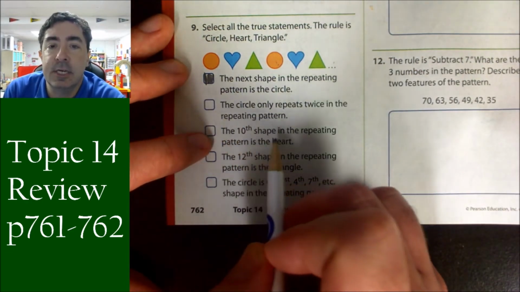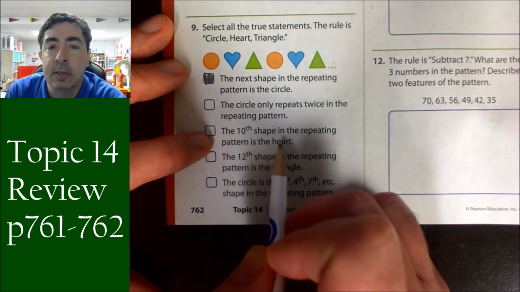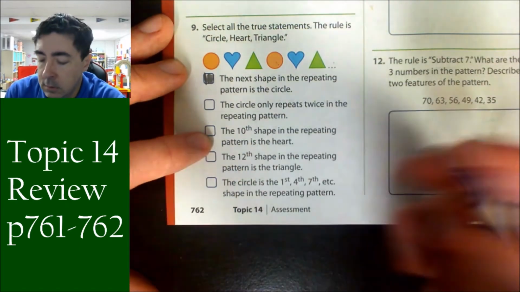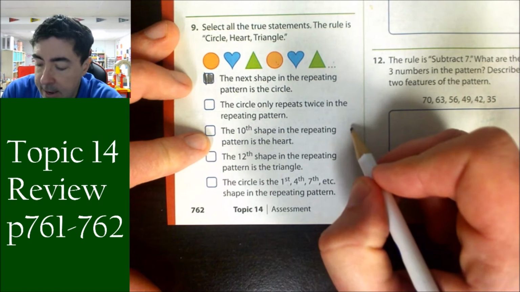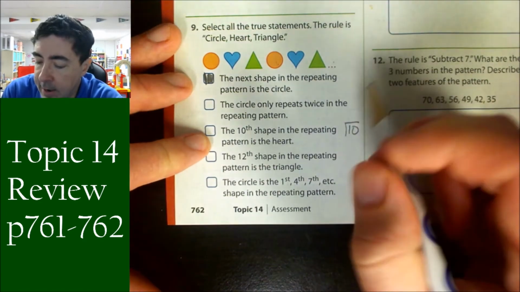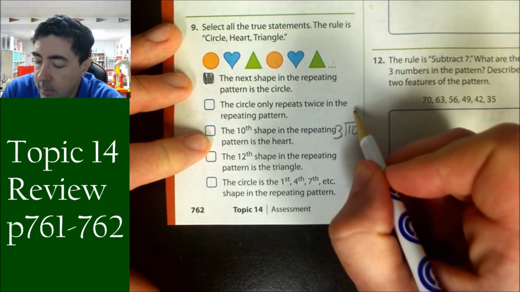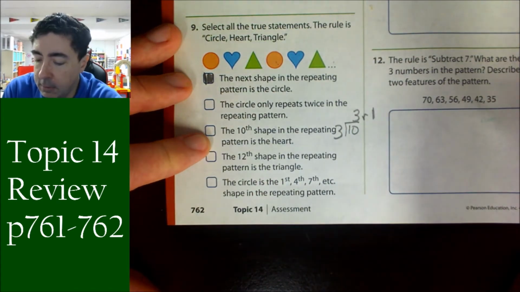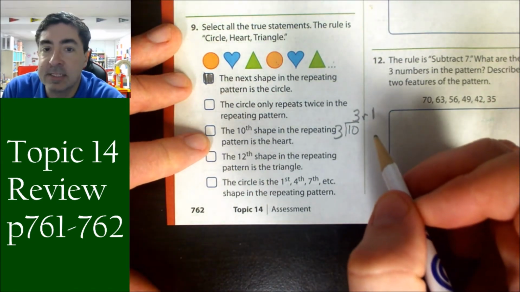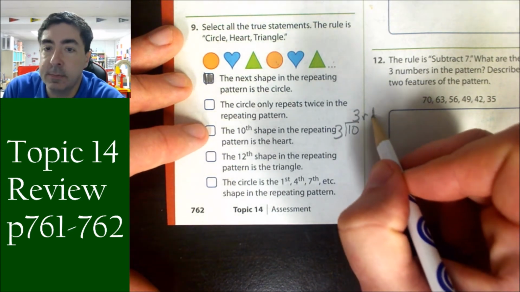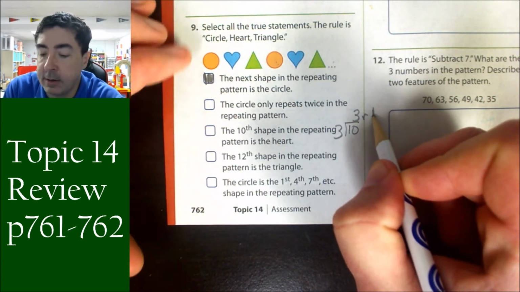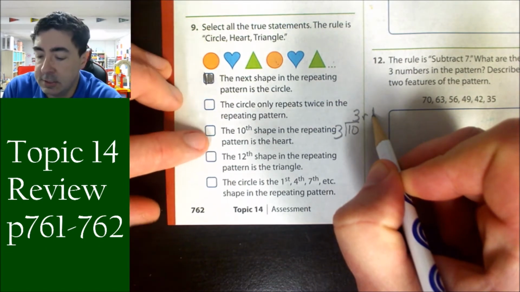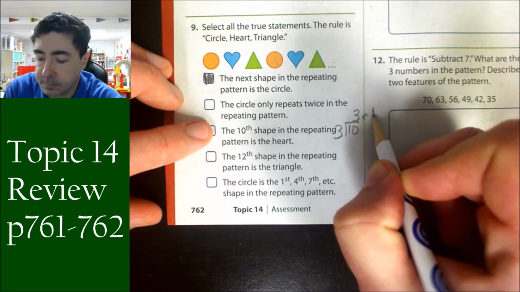The 10th shape in the repeating pattern is the heart. Well, we have to do 10 divided by 3. That gets me a 3 with a 1 left over as a remainder. And that means that actually the 10th shape is going to be the first thing in the pattern, which is a circle. So this is not true.